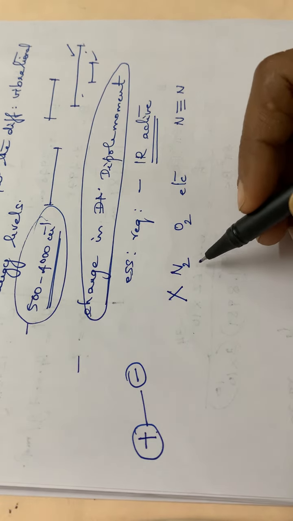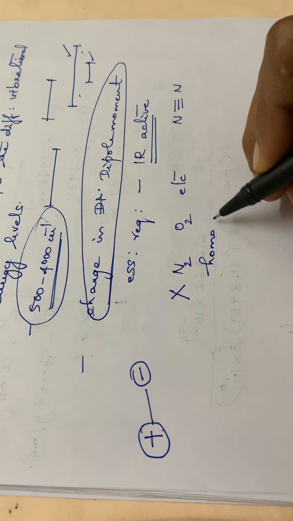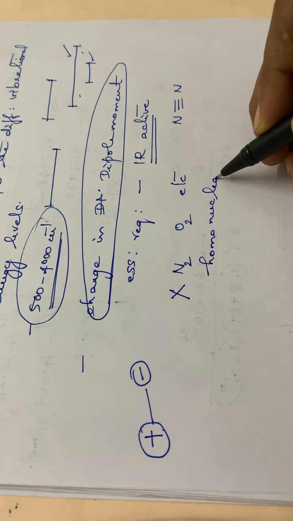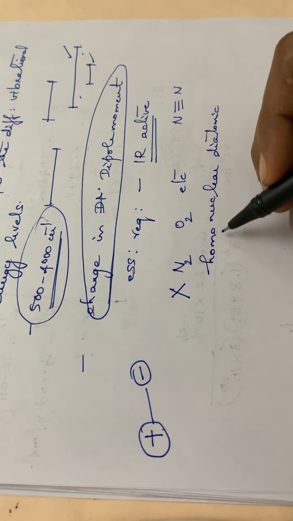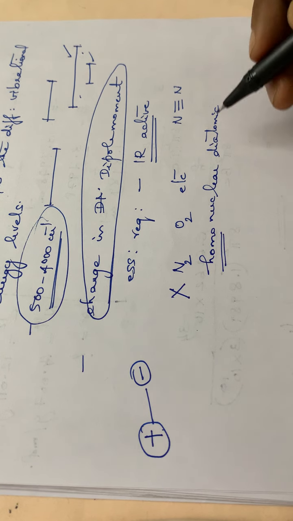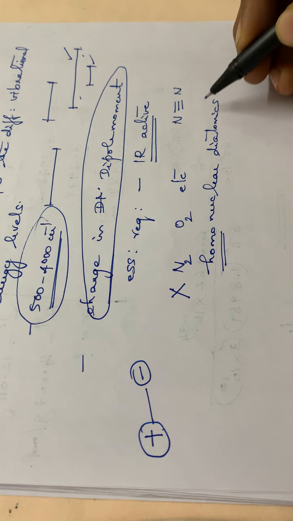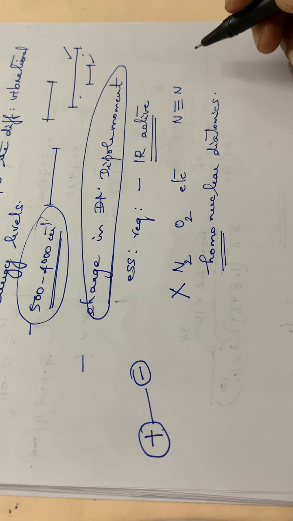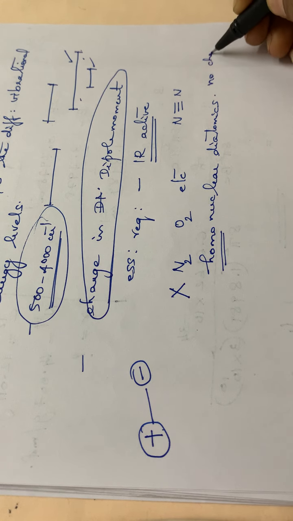These are homonuclear diatomic molecules, which means they consist of the same atoms. So in the case of homonuclear diatomic molecules, there will not be any change in dipole moment.